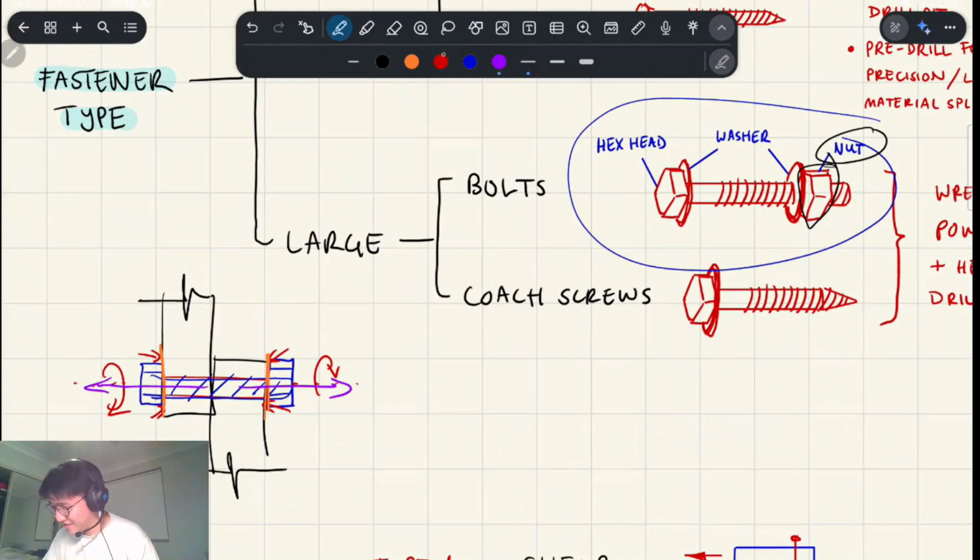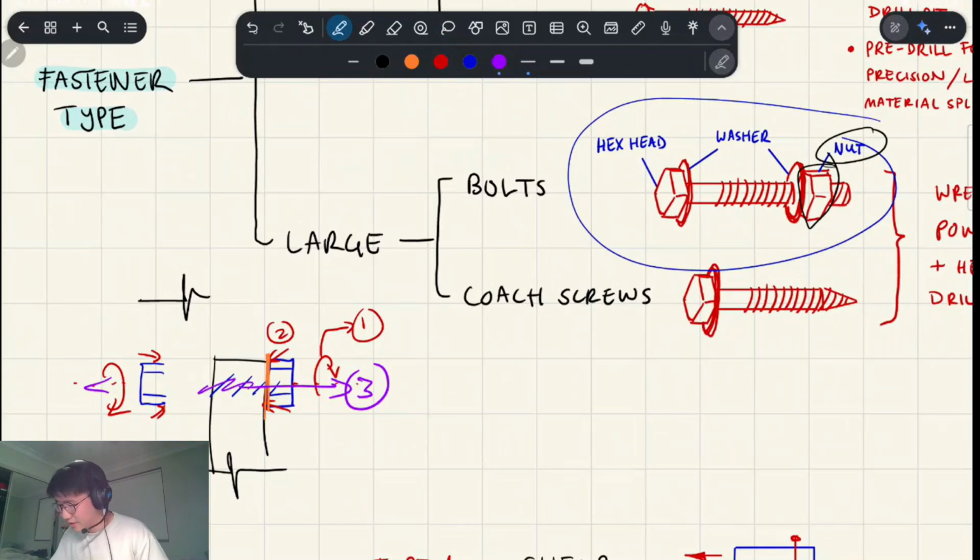So there's quite a few things going on for a bolt. One, you torque it, so that's a twisting motion, which causes compression from the nut onto the washer onto the material. Let's say that's two, and that causes tension. The bolt material itself goes into tension. Okay, are we following?